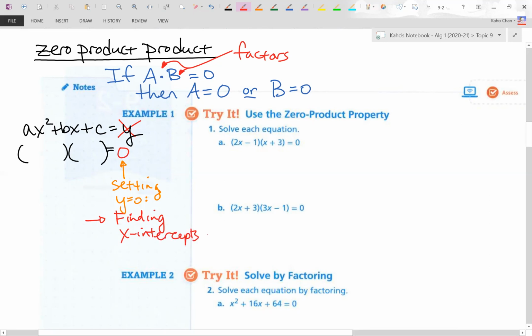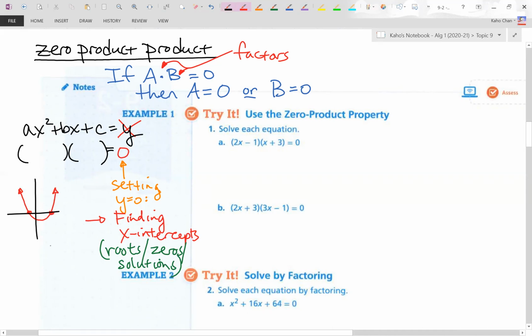Now, x-intercepts are also known in algebra as roots, zeros, and solutions. They all mean the same thing. Think about what a parabola does. A parabola could hit the x-axis in two spots, so there are two answers right there.